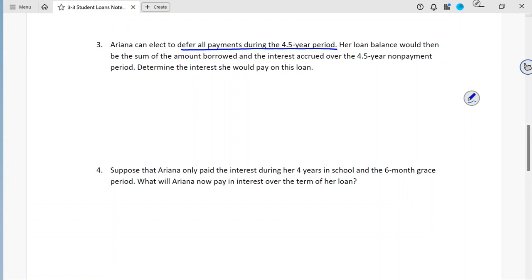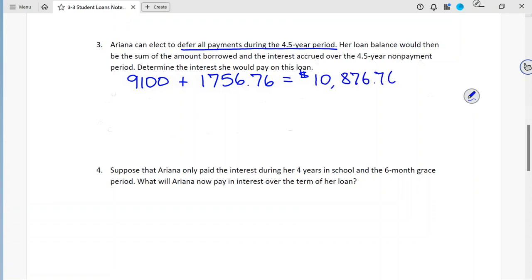And the question is, how much would she pay over the life of the loan? So she'd be paying the amount that she borrowed, $9,100, plus the interest that accrued while she was in college, which we found to be $1,756.76. And that's a total loan amount of $10,876.76. That's how much she owes.